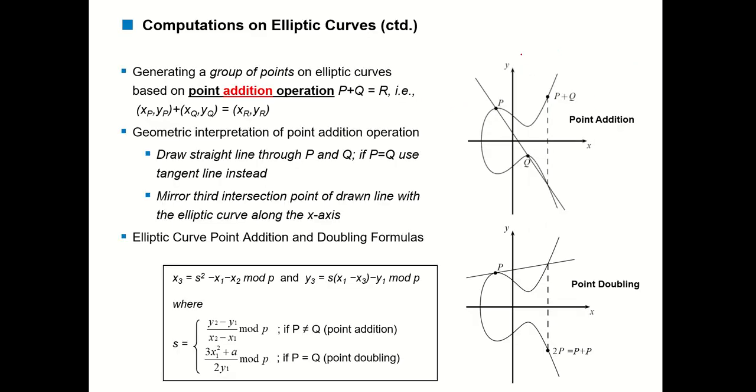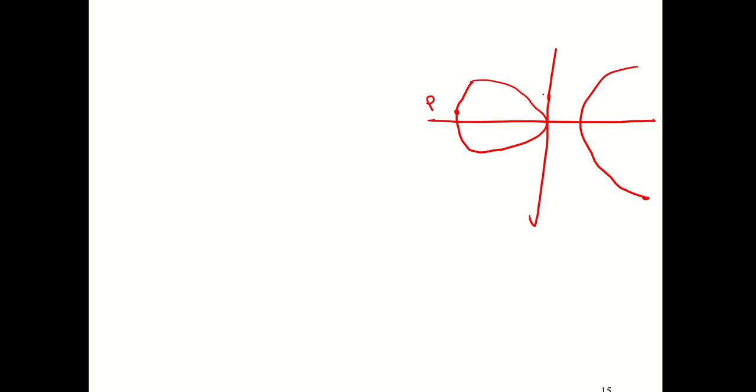So say this is the P point and this is the Q point, and the coordinates are respectively x1, y1 and x2, y2.